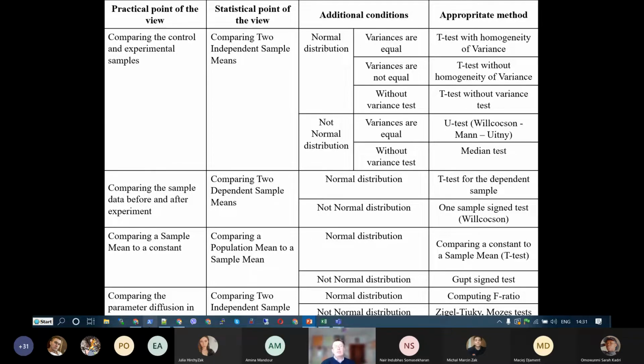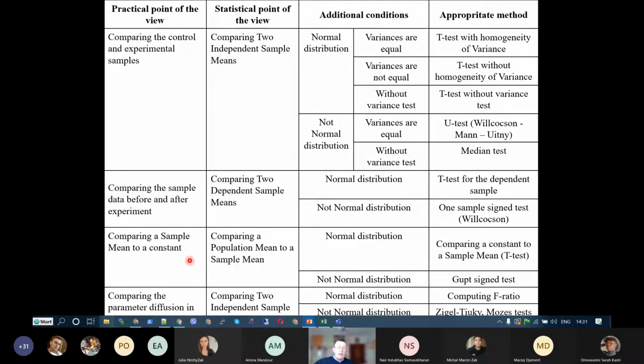Another situation is when we have samples before and after an experiment, so we want to prove that taking this medicine makes a significant change in particular vital parameters.